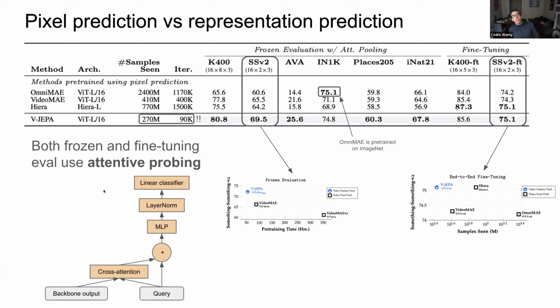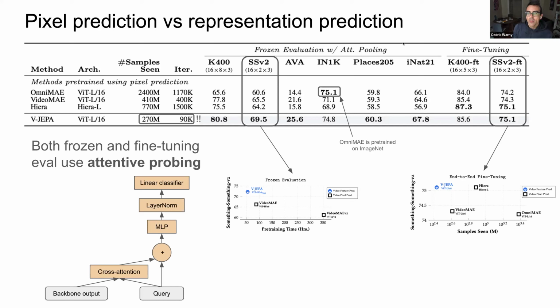Okay, so again, the main point of this whole JEPA approach is to operate in representational space as opposed to pixel space. And so this table here, again, contrasts MAE-based approaches, which are pixel prediction, and the JEPA approach, which is an embedding prediction.